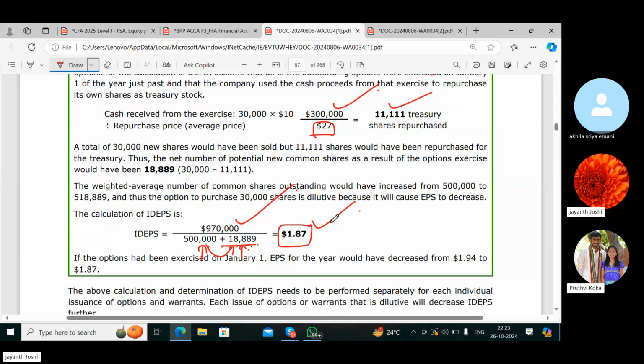Yes, so one doubt actually. Here they repurchase the stocks at $27. Yes, they will be repurchasing at the market price only.